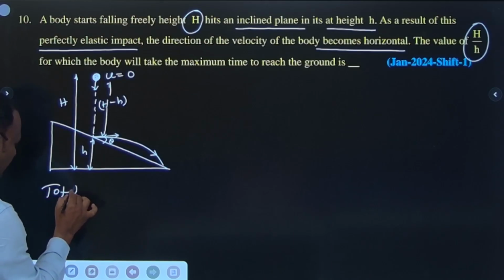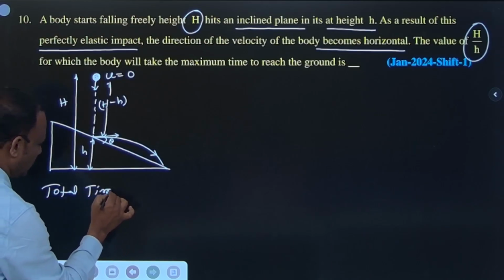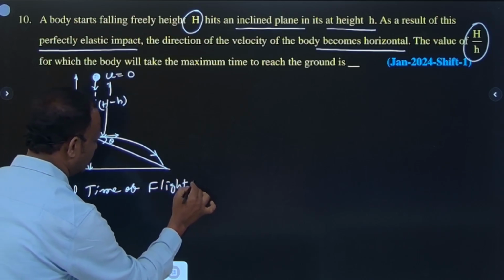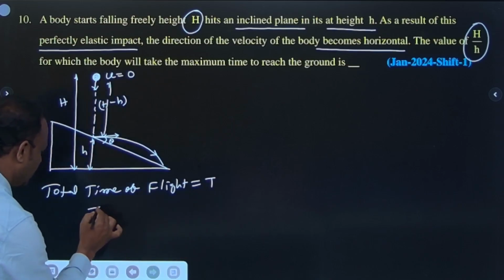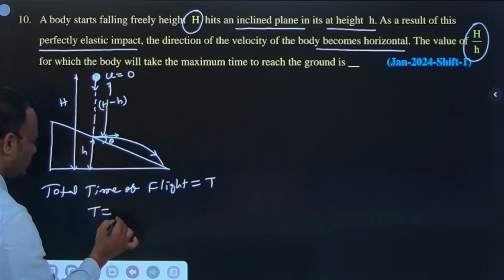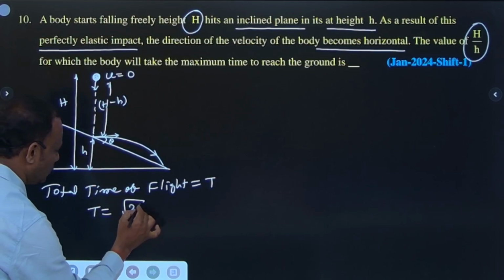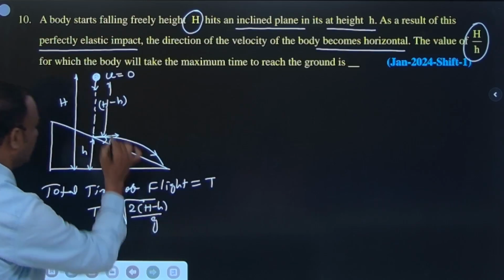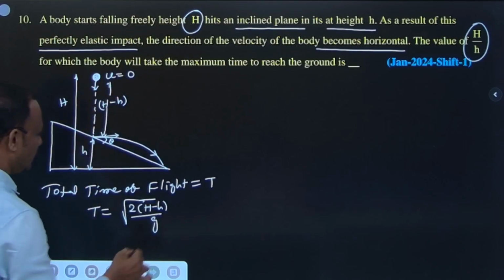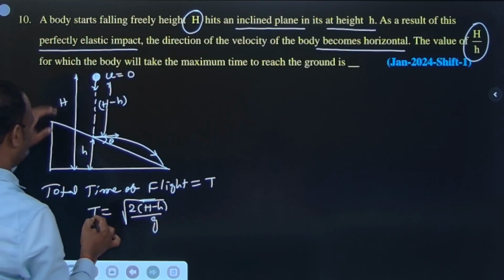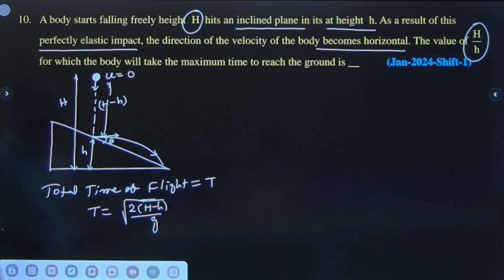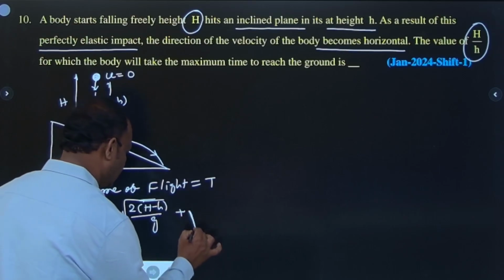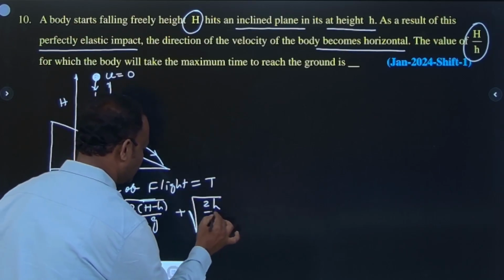Total time of flight is T. T is equal to under root of 2 times H minus h by g, and plus under root of 2h by g.